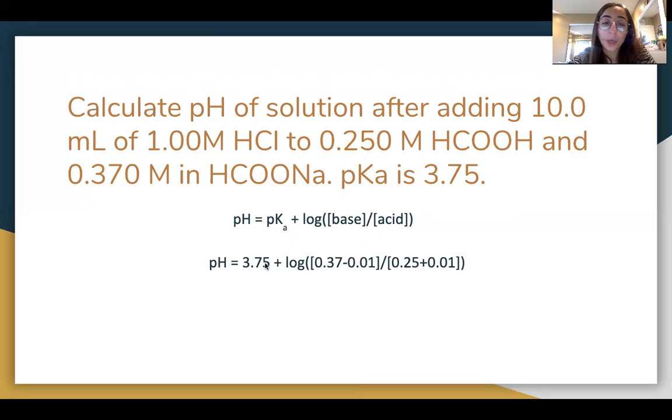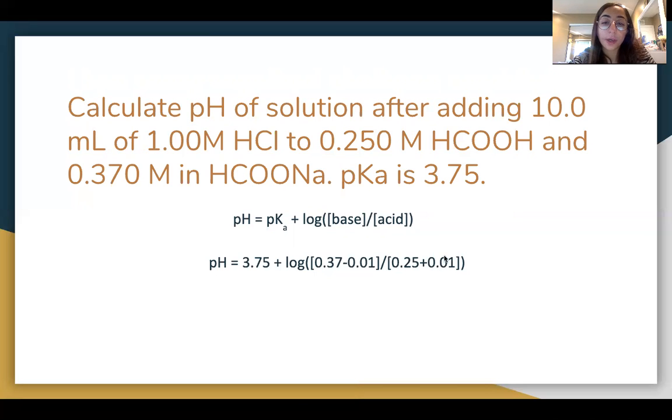So we do the pKa, which is 3.75, plus log. Rather than just having the concentrations of the base and the acid, make sure you subtract the volume and add the volume here. So what we get here is 0.37 minus 0.01 and then 0.25 plus 0.01.